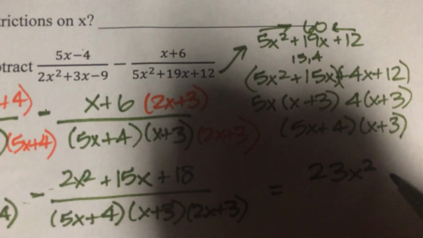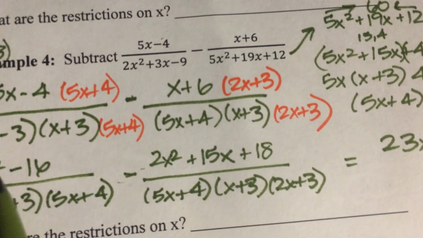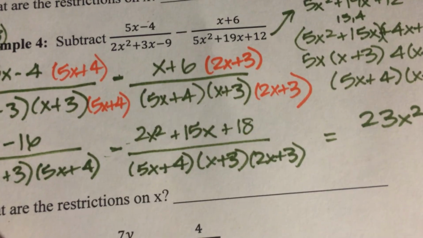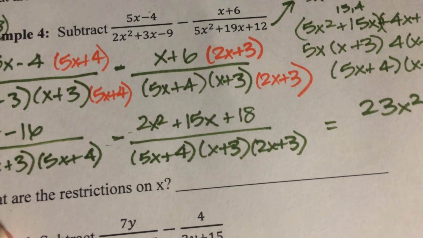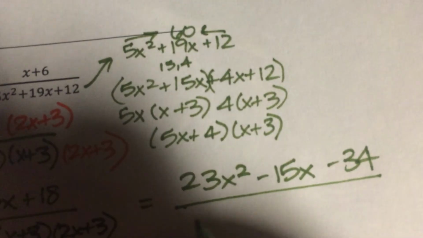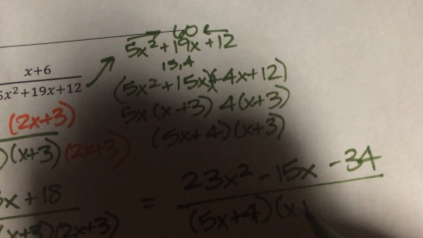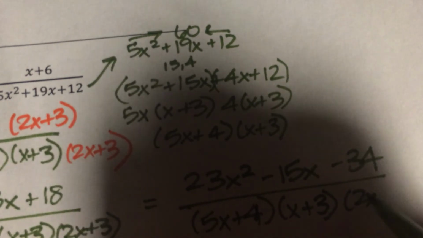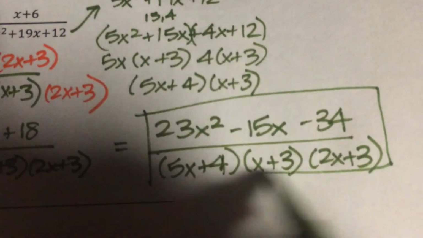So I have to put that second. And then I can do negative 16 minus 18. So excuse my brain while I do that in the calculator. Negative 34. Then I'm going to leave the bottom the same. Okay, so that's going to be my final answer.